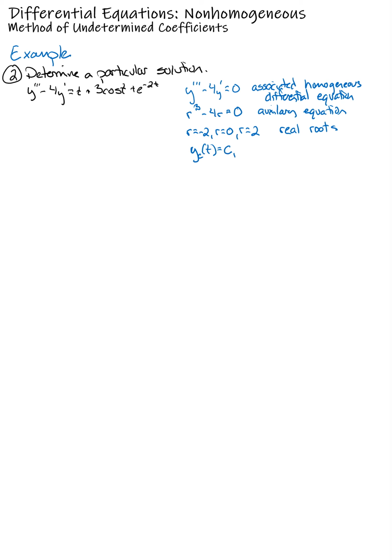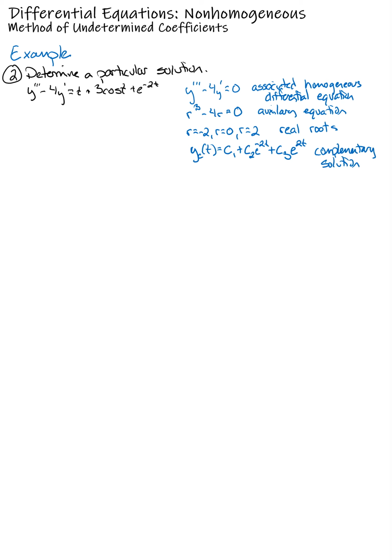And then the other two roots give us c2 e to the negative 2t plus c3 e to the positive 2t. So this is referred to as the complementary solution. This is going to allow me to make sure that I have the proper form for my particular solution.